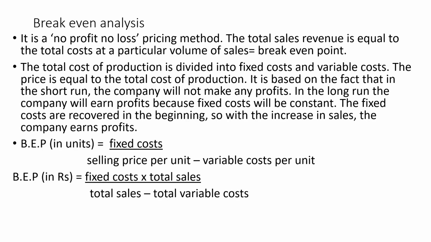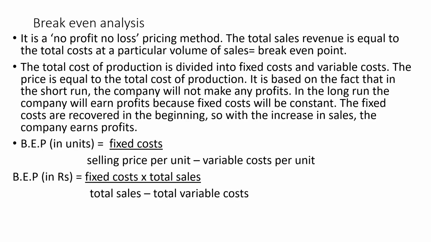So in break-even point, for the cost of production we consider both fixed cost and variable cost, where fixed cost is recovered in the beginning itself in the short term when the company is selling its products. That is why in the break-even point they say that the company will not make any profit, because it's recovering whatever it has invested.